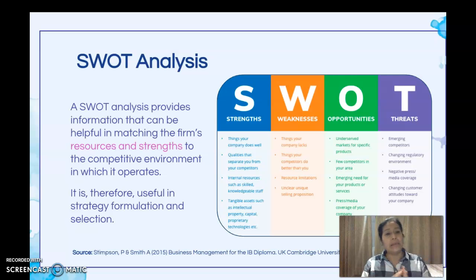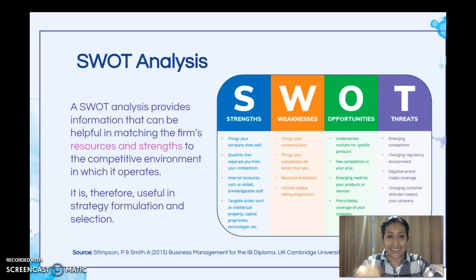Well, as we have seen, a SWOT analysis provides information that can be helpful in matching the firm's resources and strengths to the competitive environment, okay? So we have to understand that it's not only important the things that any single organization has inside, the factors that they have as possibilities, as advantages or disadvantages, but we also have to understand which are the negative or positive factors that are outside of the organization, okay?